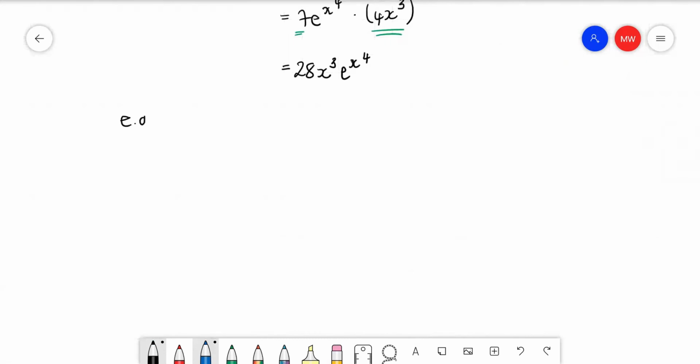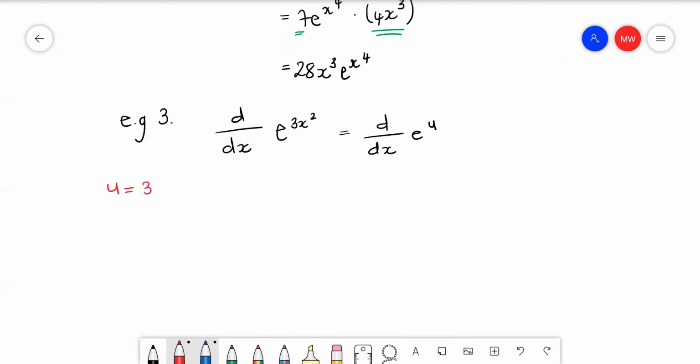The third example is d/dx of e to the power 3x squared. And this time we're going to make use of u, so d/dx of e to the power u, where u is equal to 3x squared and u dash is equal to 6x.